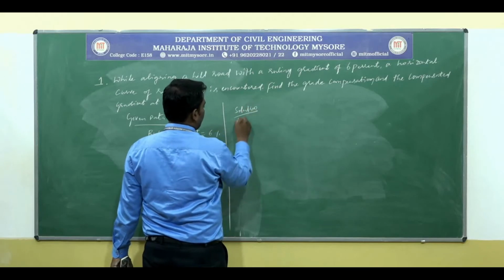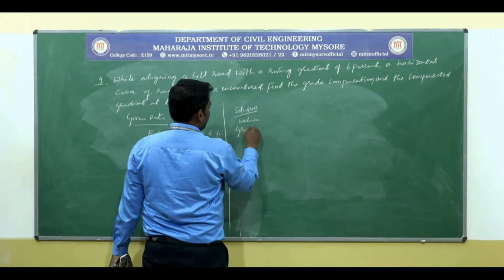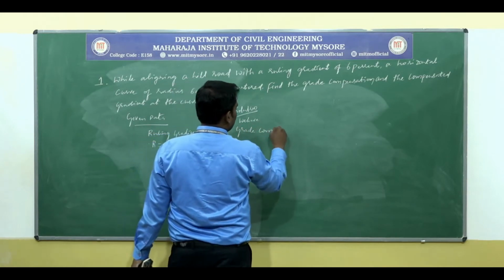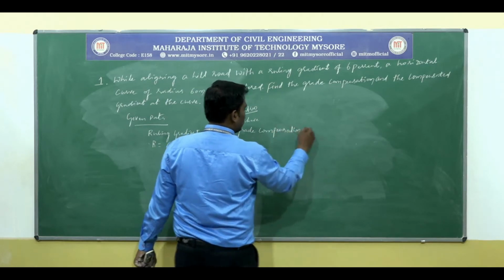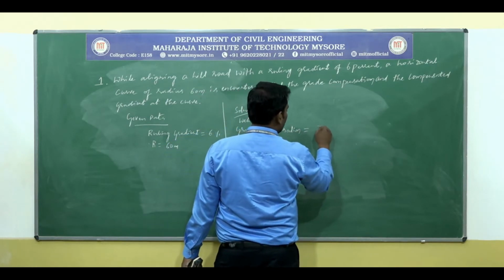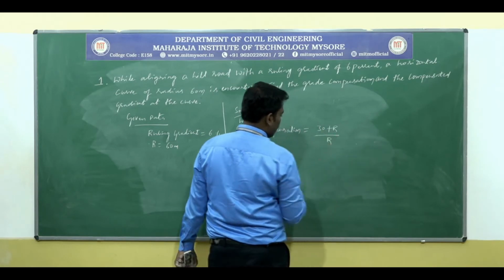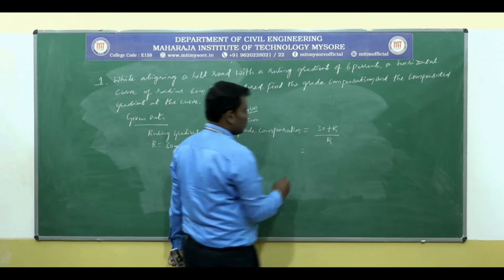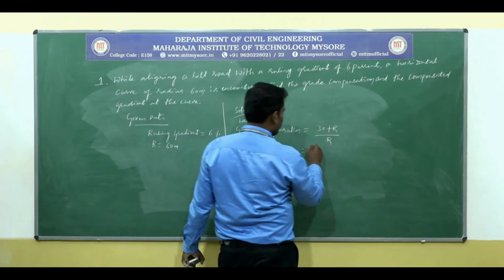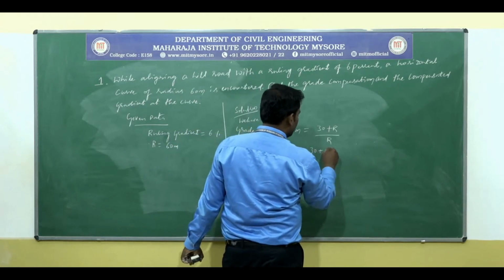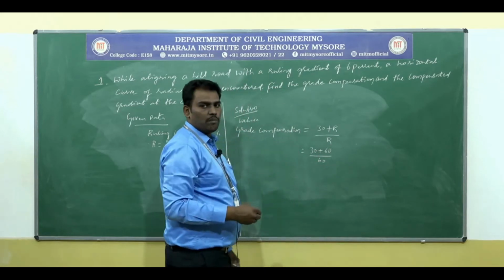Solution. We have grade compensation equal to (30 + R) divided by R. R is 60, so (30 + 60) divided by 60, that is 90 by 60, and you get 1.5.